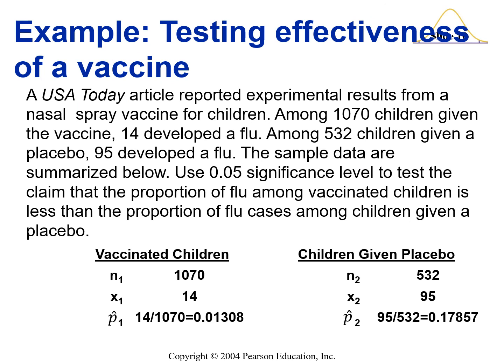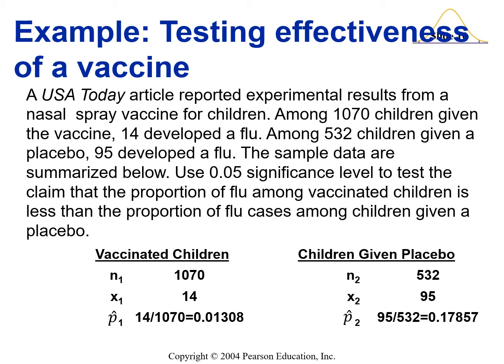Let us have an example of making inferences on two population proportions. The example is about testing the effectiveness of a vaccine. A USA Today article reported experimental results from a nasal spray vaccine for children. Among 1,070 children given the vaccine, 14 developed flu.